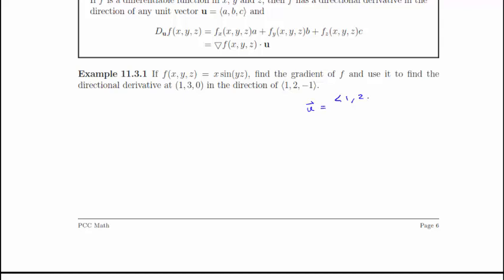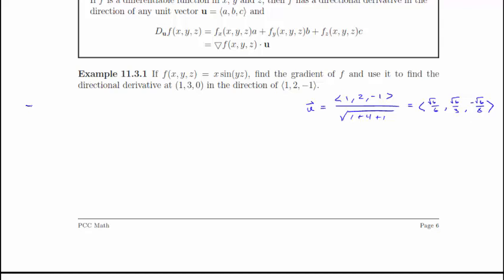So we have 1, 2, -1 divided by the square root of 1 plus 4 plus 1, which equals the vector square root of 6 over 6, comma, square root of 6 over 3, comma, negative square root of 6 over 6.